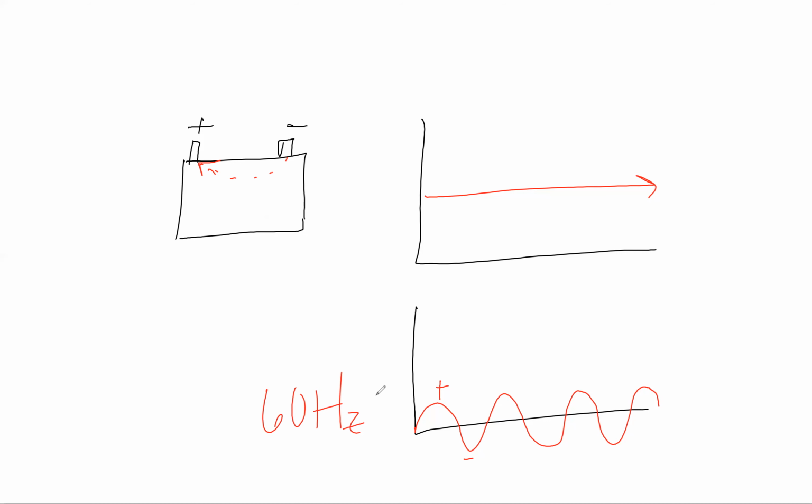It could be a little bit lower than that, but this is roughly the frequency that is used. Again, we use AC current because the voltage can be stepped up or stepped down rather easily versus direct current.